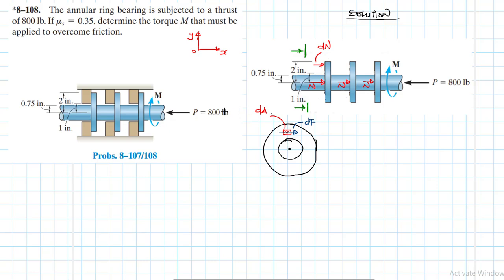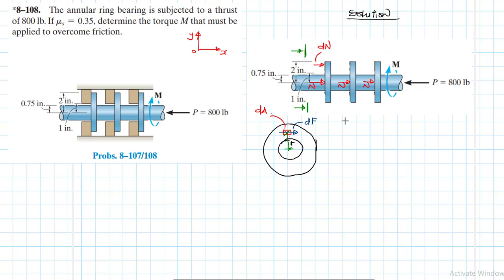Let me use another color, maybe green. This distance here is the centroidal distance r. So we have a small area, small dF, which is our friction, which we need to integrate so that at the end of the day we have the whole friction force. So now this is how everything looks.